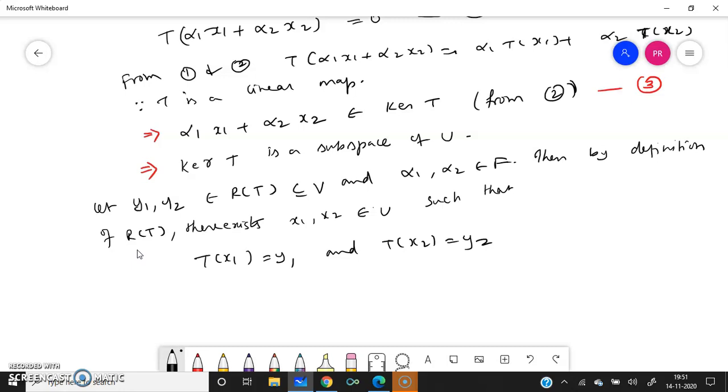Therefore, y1 has the pre-image x1 and y2 has the pre-image x2.